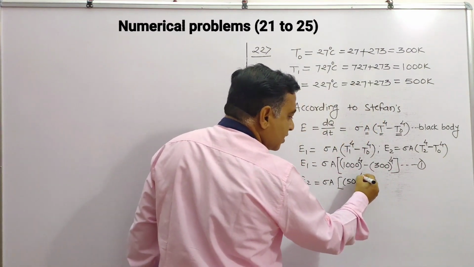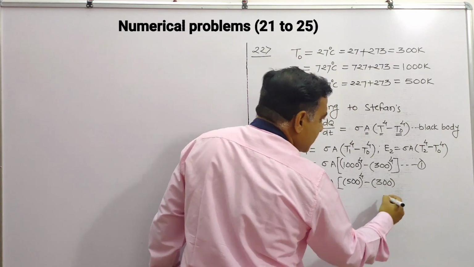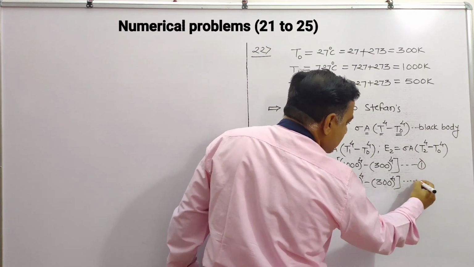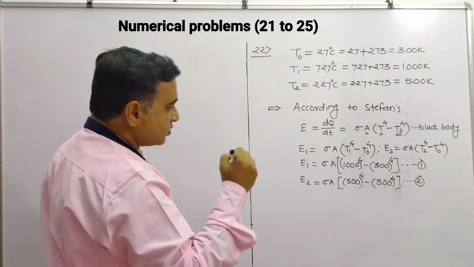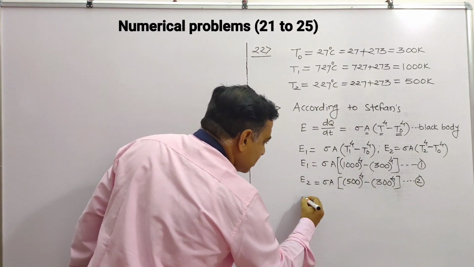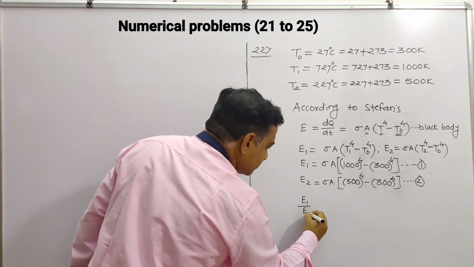Substituting, 500 raised to power 4 minus 300 as it is, because 300 is T0, which is the constant surrounding temperature. So this is equation number 2. Let us take the ratio of these two so that these terms get automatically cancelled. Only the remaining factor, E1 upon E2.